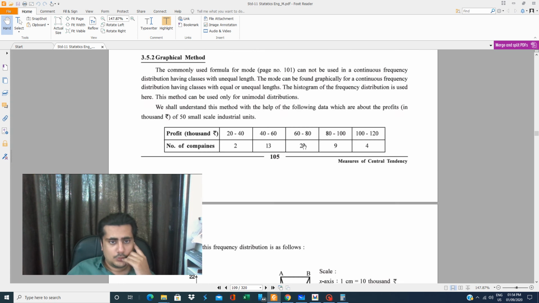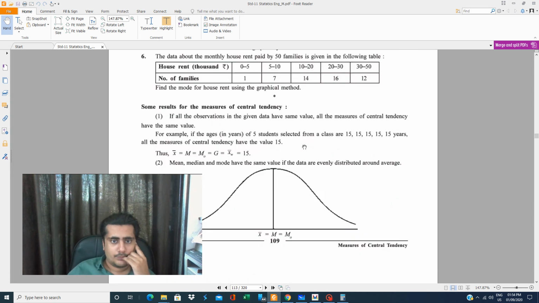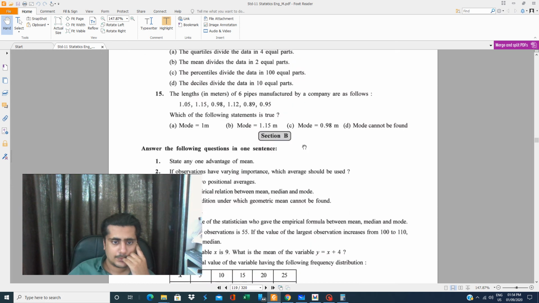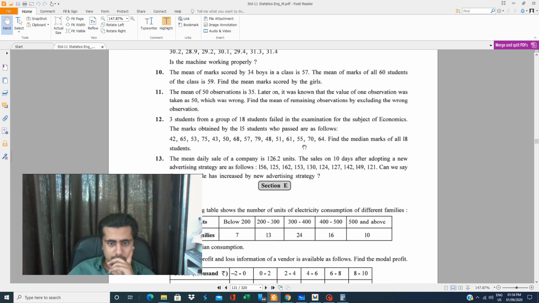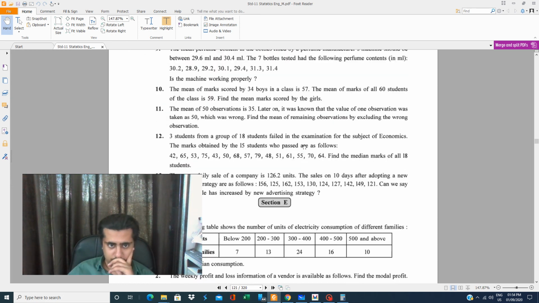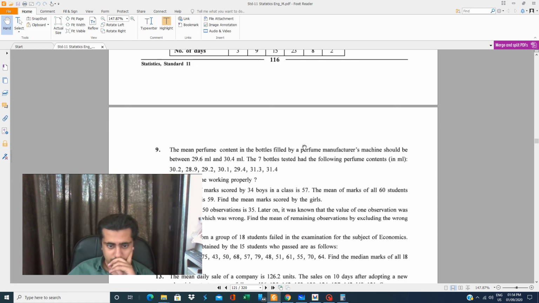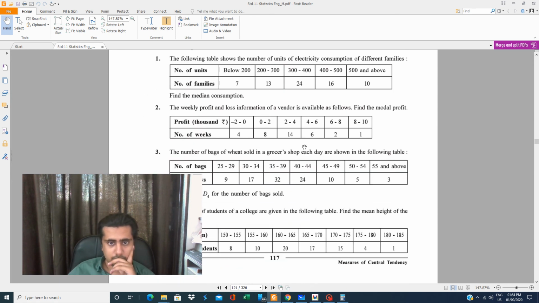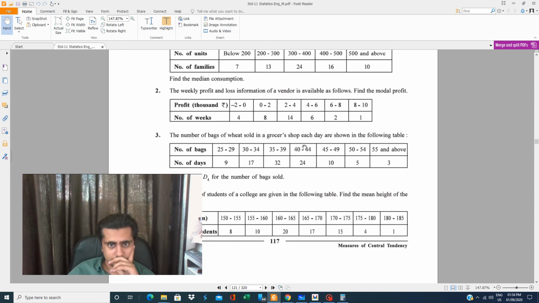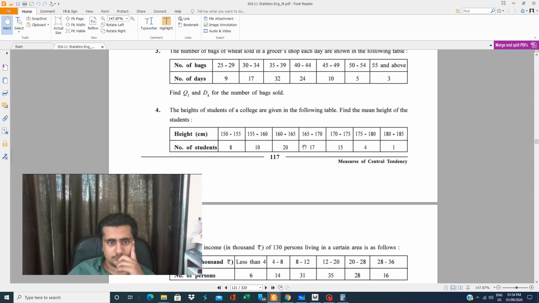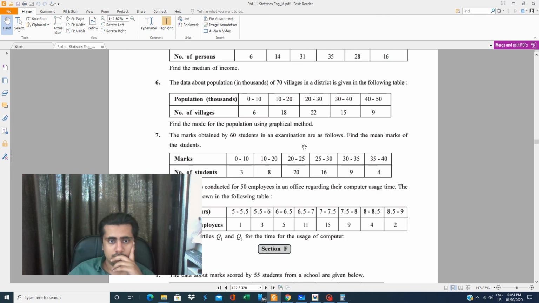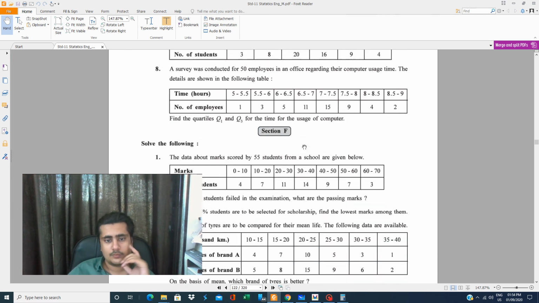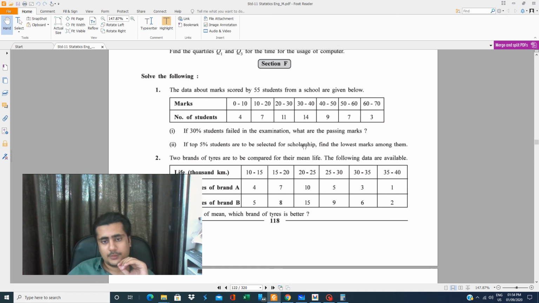Let us do some sums from the exercise. Just wait.